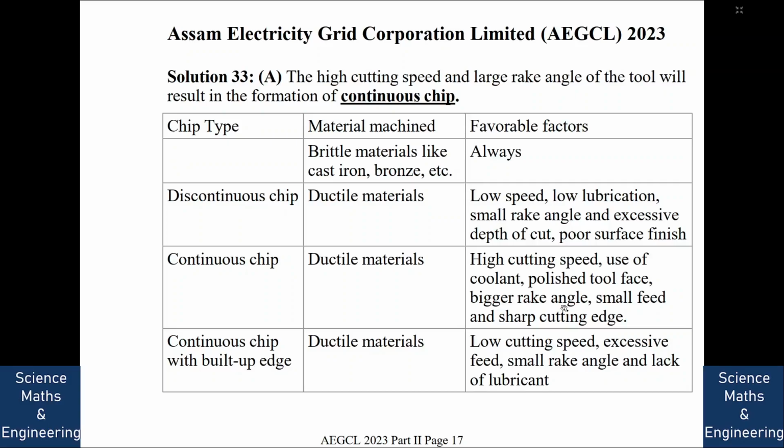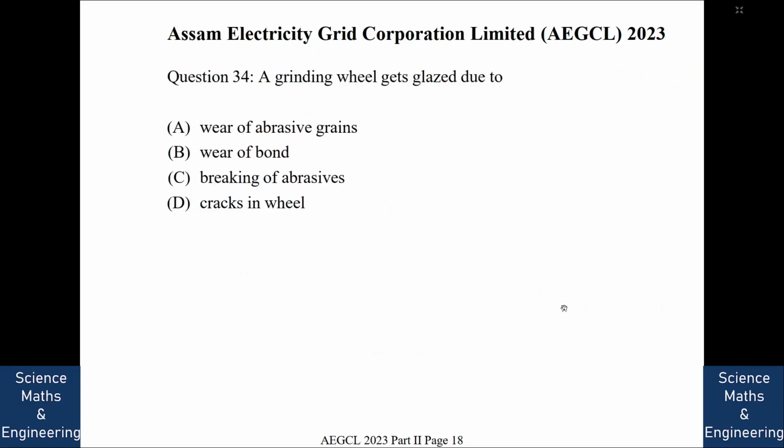Then we may have continuous chip with built up edge if low cutting speed, excessive feed, small rake angle, and lack of lubricant. If one or two of them are in combination, then we will have continuous chip with built-up edge. However, if all of these factors are there, then we may also have discontinuous chip. So we'll go to the next question.